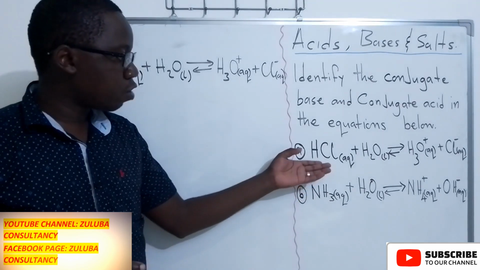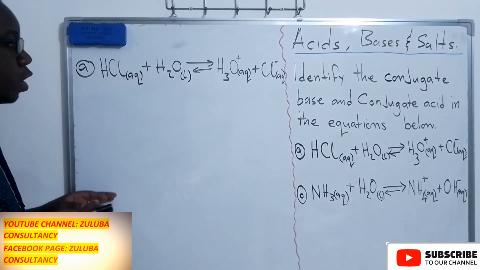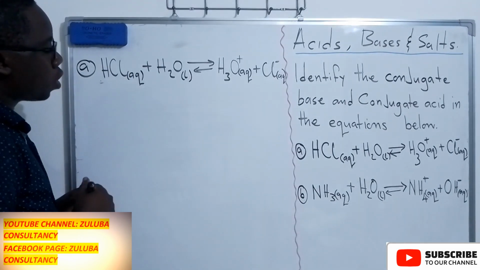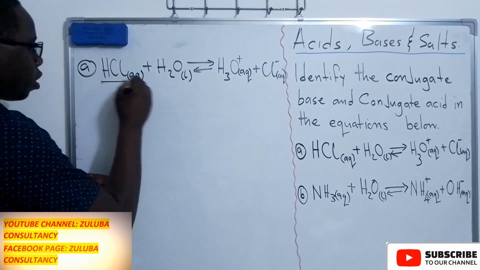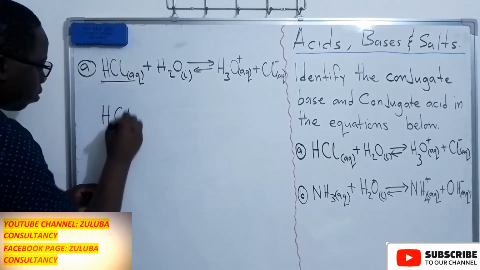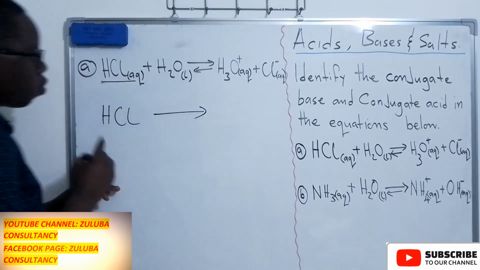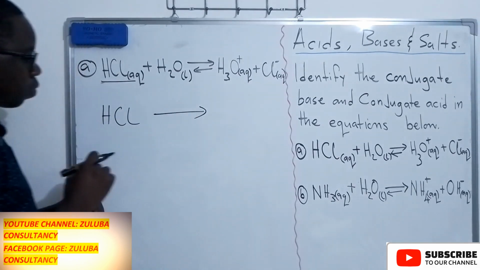We have the first equation here that has been moved this side so that we can analyze it easily. Let us look at the equation that we have and start with HCl. Now, you can see that HCl is reacting with water to produce these products.